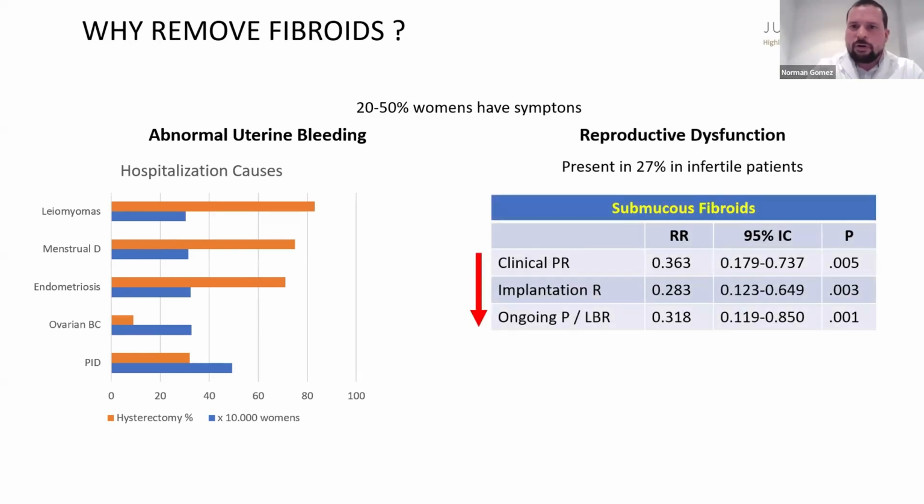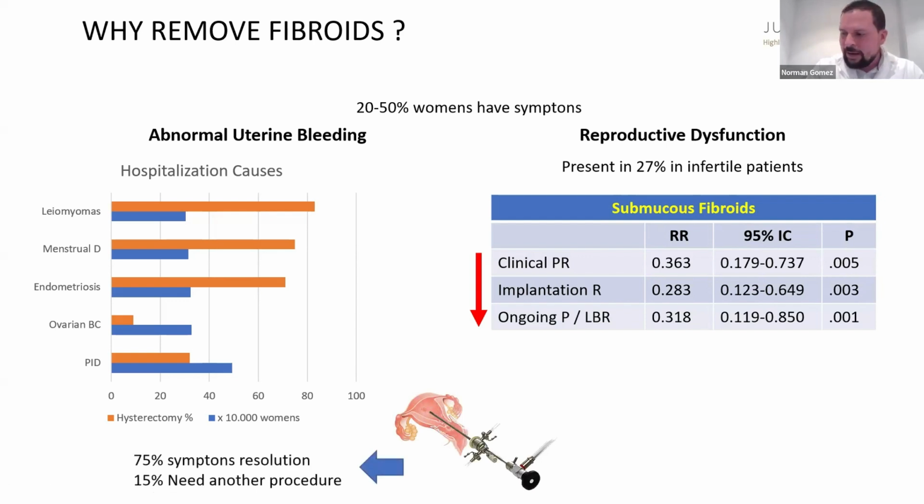And also, of course, the reproductive dysfunctions related to the fibroids, mostly the fibroids associated with a submucosal component, have a low clinical pregnancy rate, low implantation, and low ongoing pregnancy. And obviously, the surgery helps to solve this kind of problem.